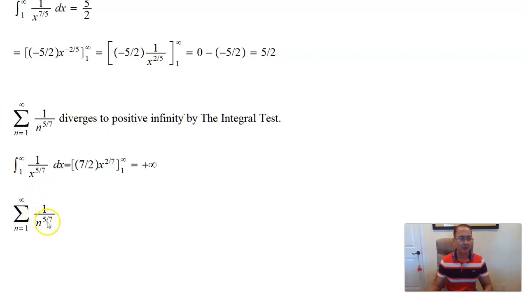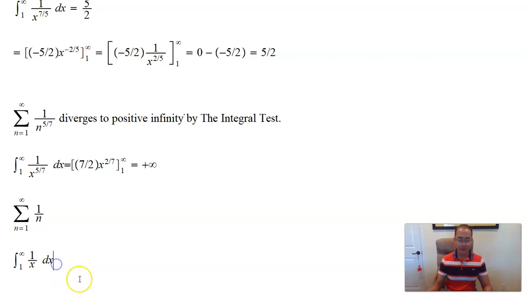What about 1 over n, just to the power of 1? We were using the power rule earlier. The power rule does not apply to 1 over n because what we want is the integral from 1 to infinity of 1 over x.